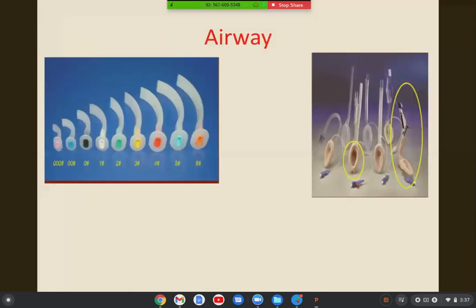These are the adjuncts which are useful in managing a trauma patient. This is the oropharyngeal airway. We decide the size of the oropharyngeal airway from the angle of the lip to the ramus of the mandible. This is an LMA, laryngeal mask airway. It sits on the pharynx.